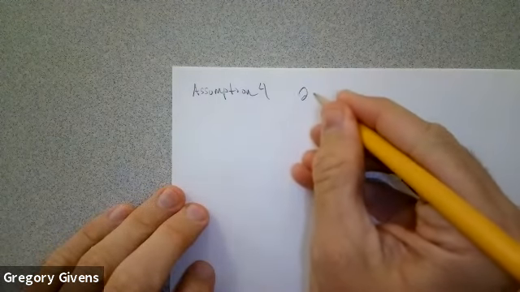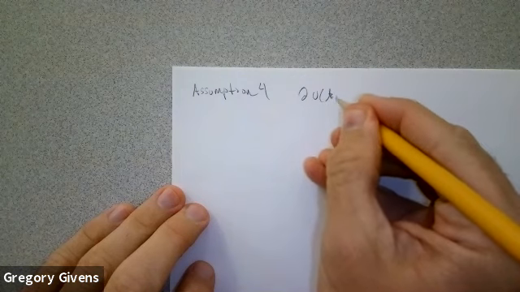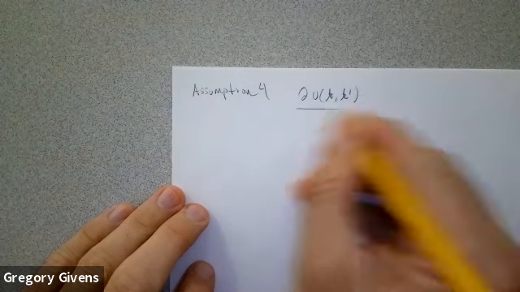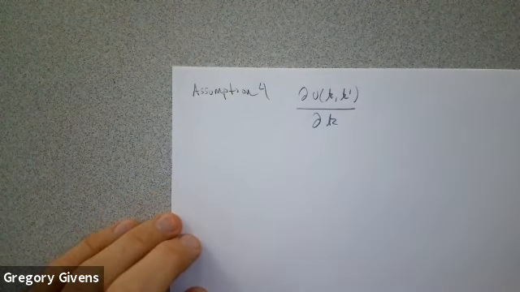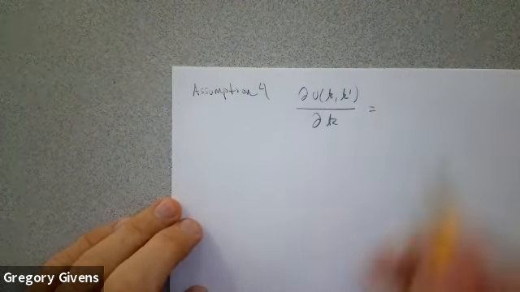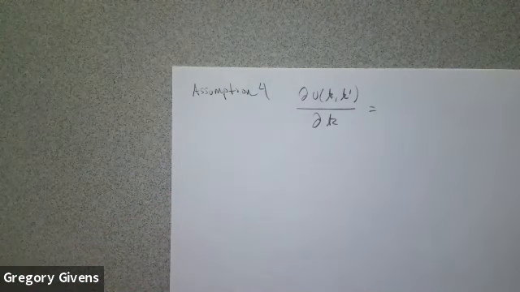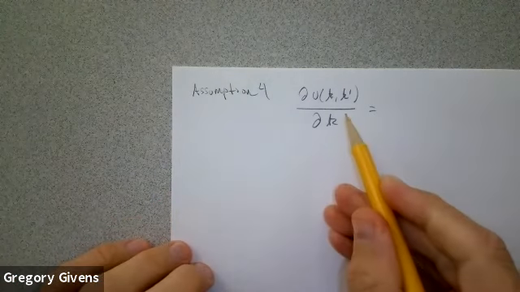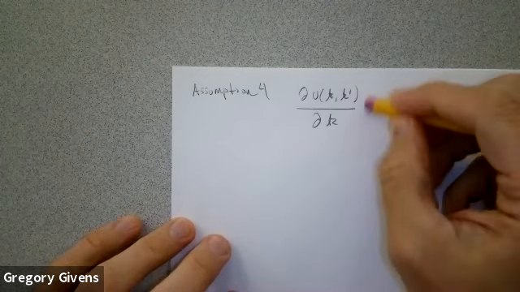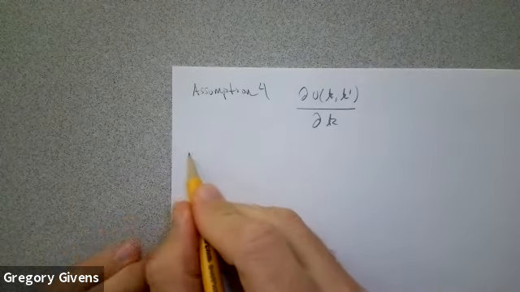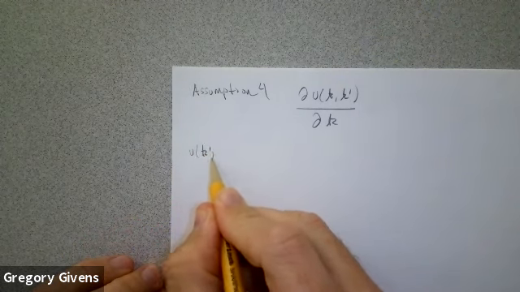What is the partial of the utility function with respect to K equal to? Hopefully it's positive, but we know what it is. We actually have a functional form for it, right? The utility function is the log. Remember what U of K prime, K is.